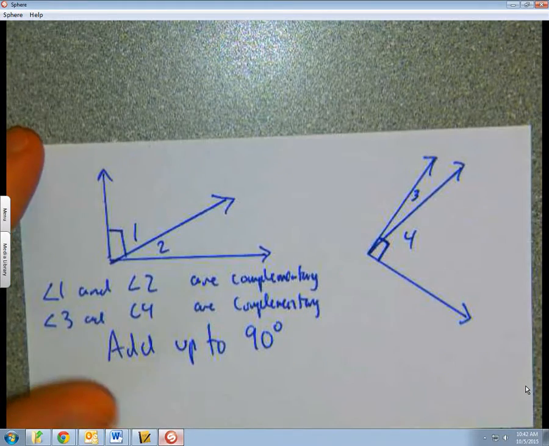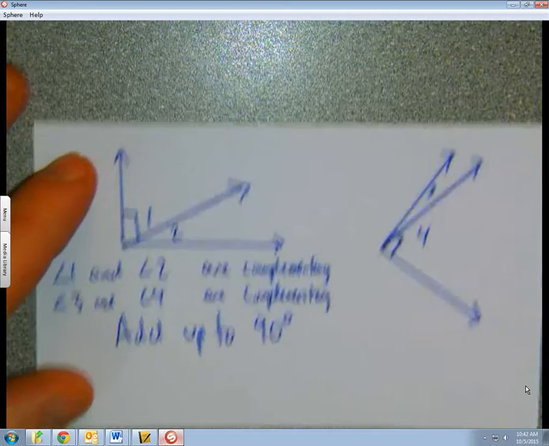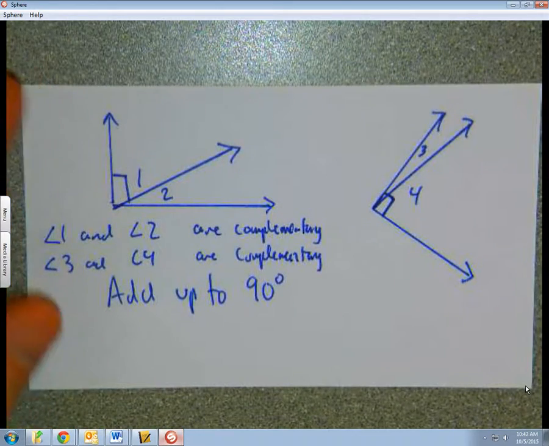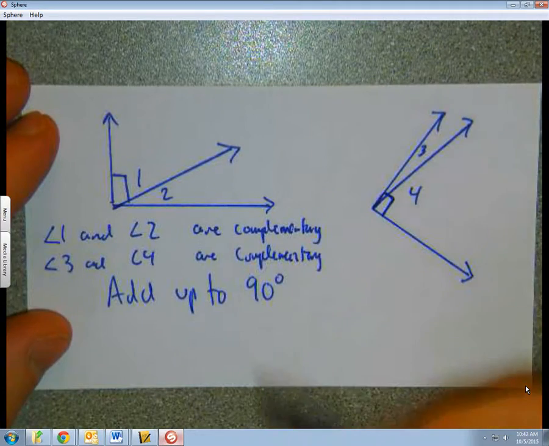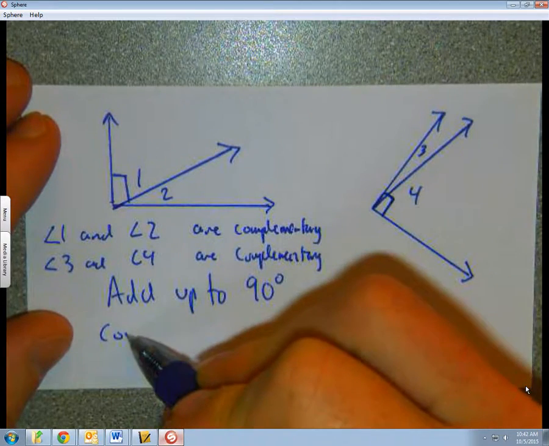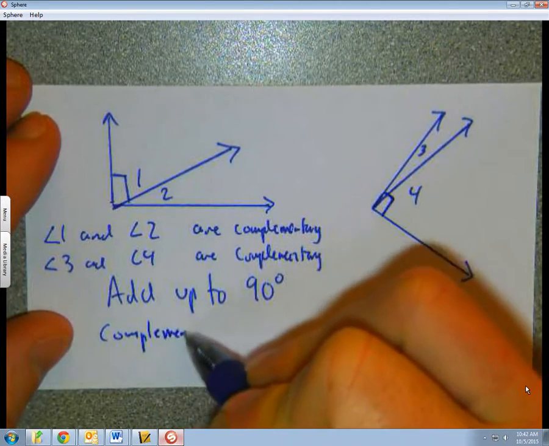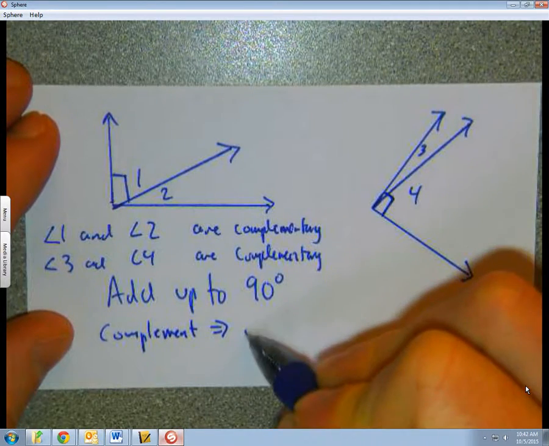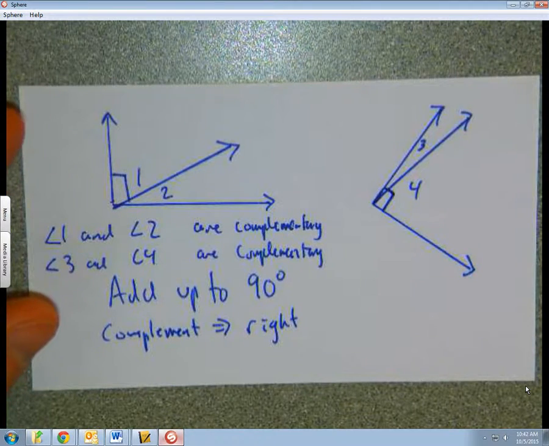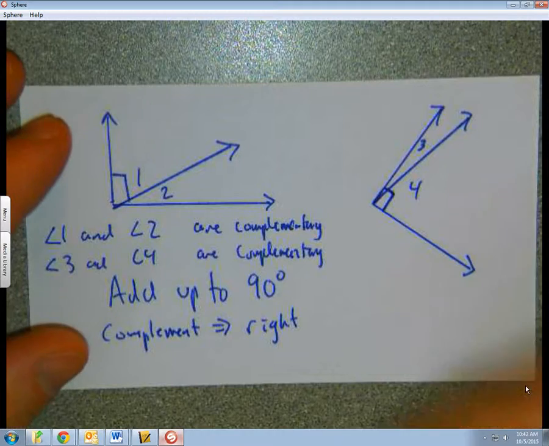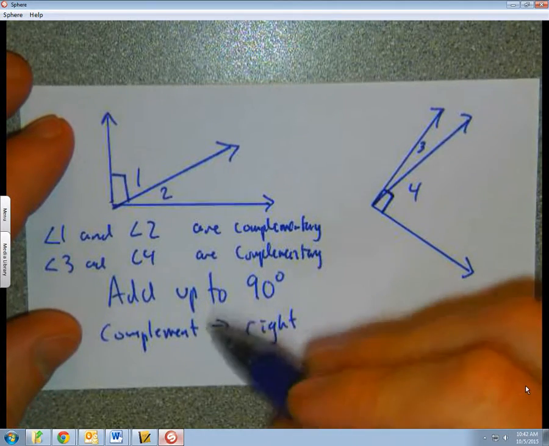Couple different nerdy devices, ridiculous teacher things to remember this. If you're complimenting something, you're doing the right thing. Compliment is the right thing to do in social settings. Being polite is the right thing to do. And then you have two of these angle pairs that sum up something.